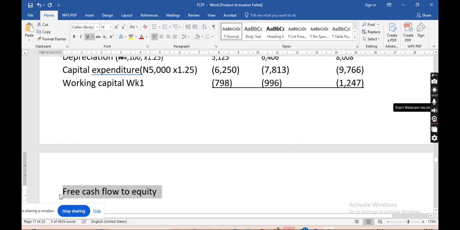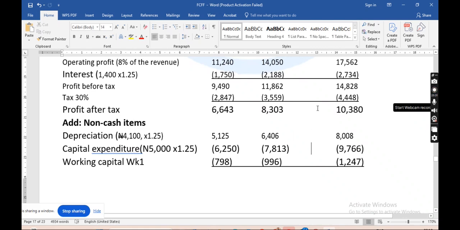What is the free cash flow to equity? So, Peter, please figure.